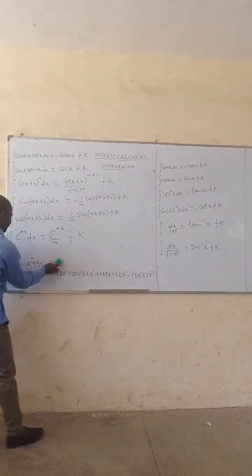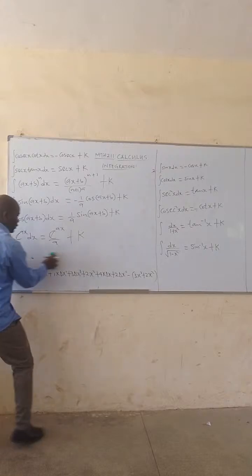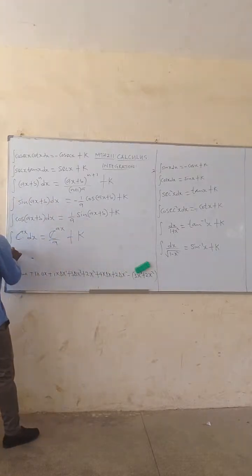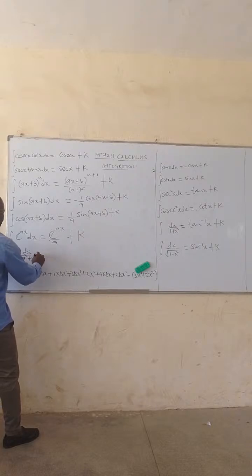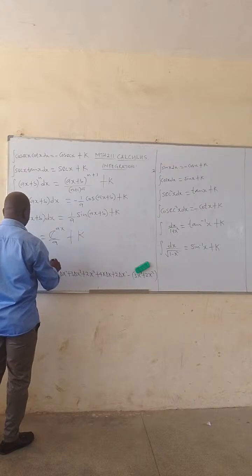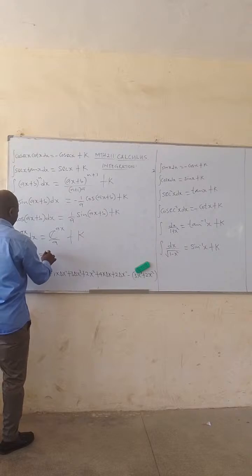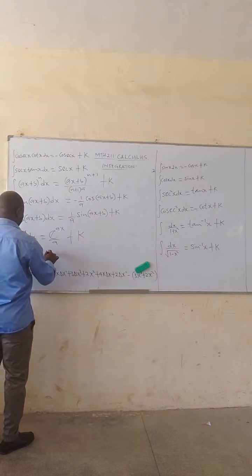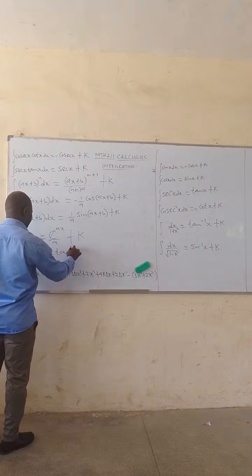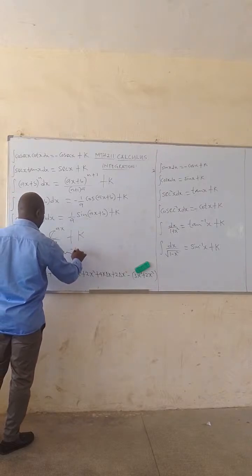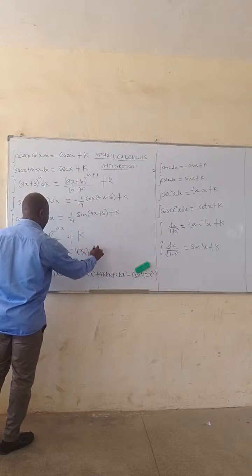And when we have integral dx all over a squared plus x squared, this is the same thing as 1 over a tan inverse of x over a plus constant.